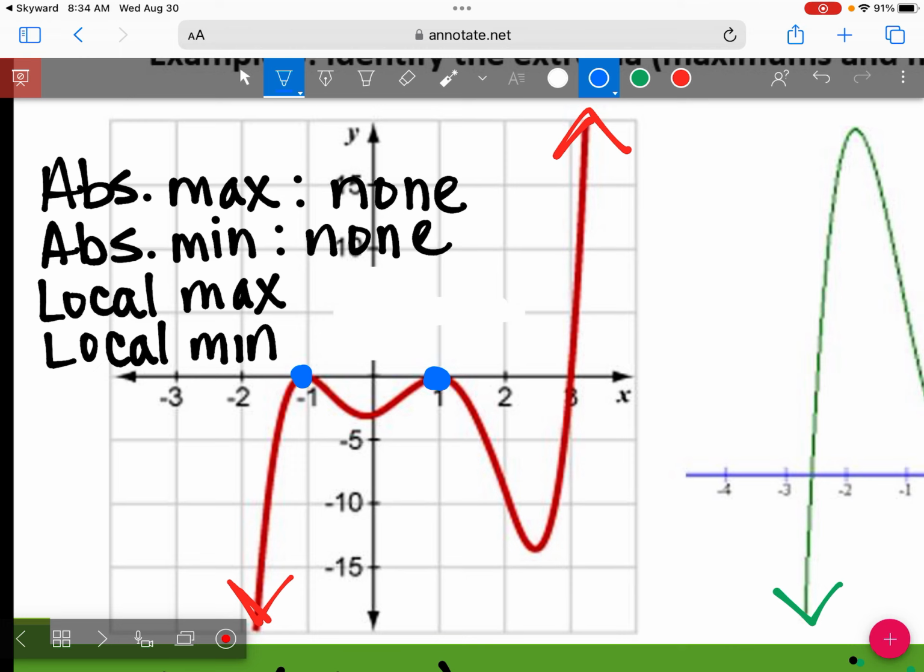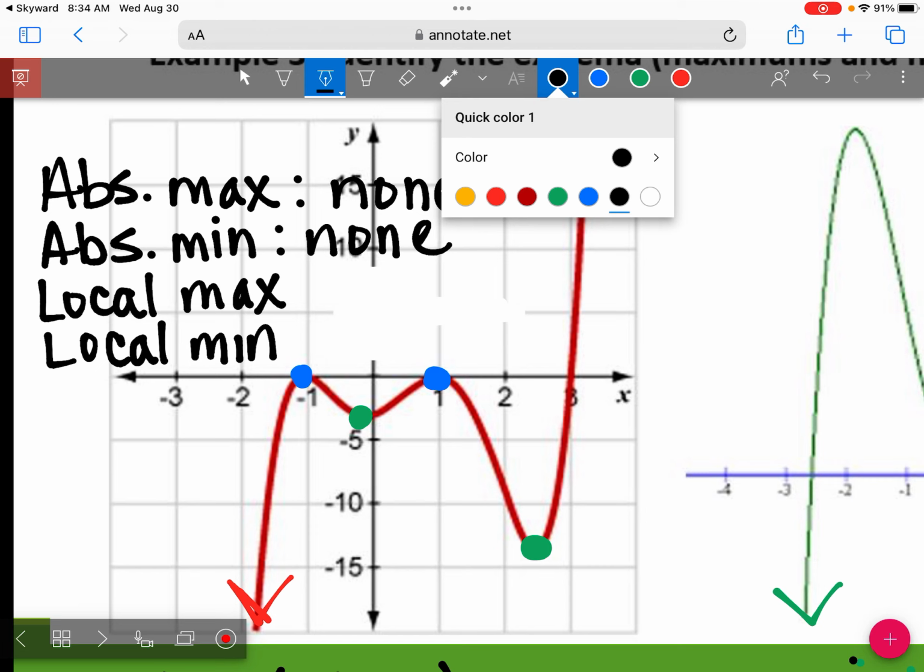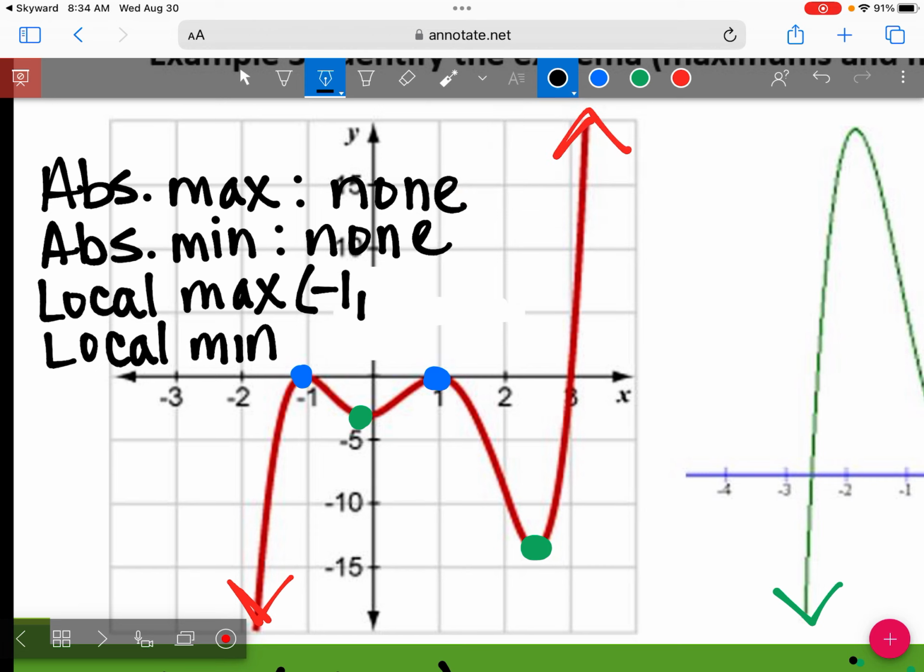There's two of them. And where I put my green dot, these would be my local mins. So we're going to write those two blue dots as ordered pairs. So I would have a local max at -1 and +1.